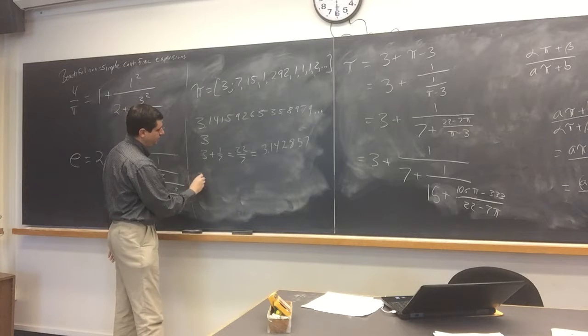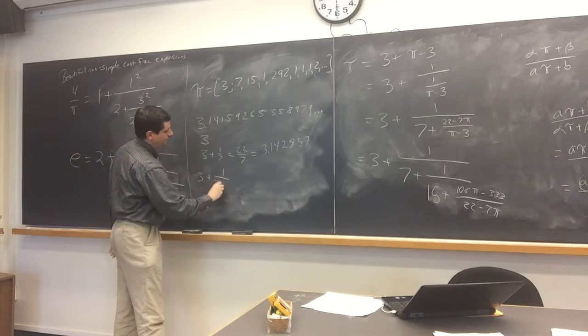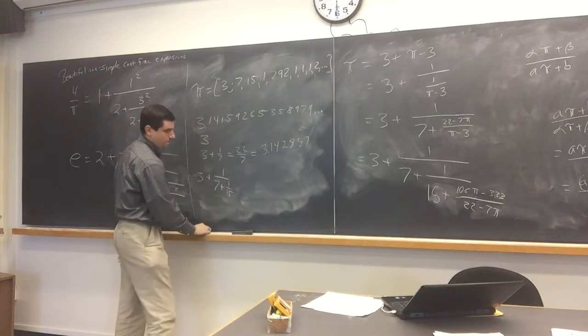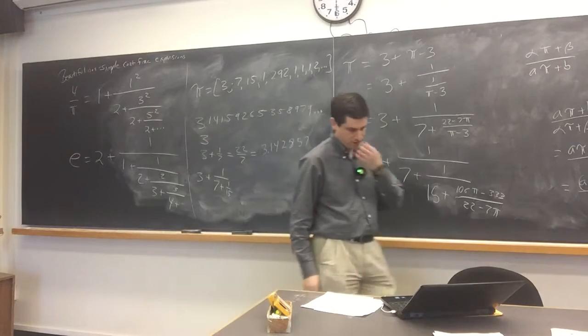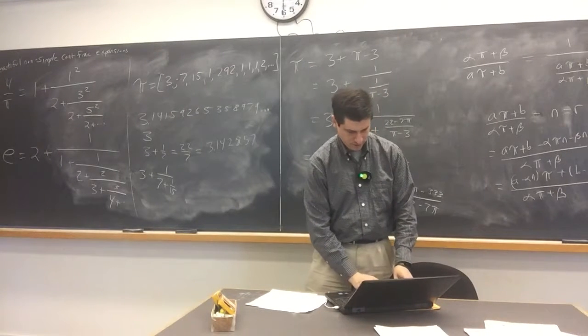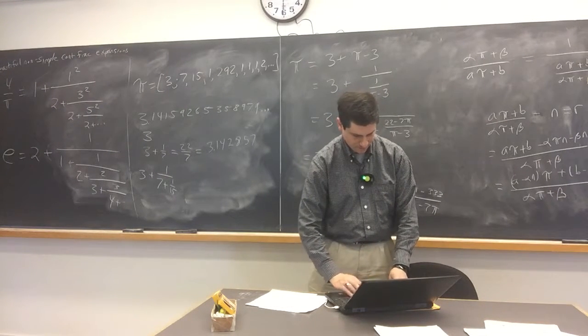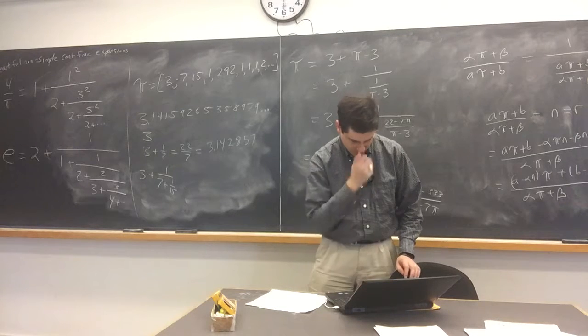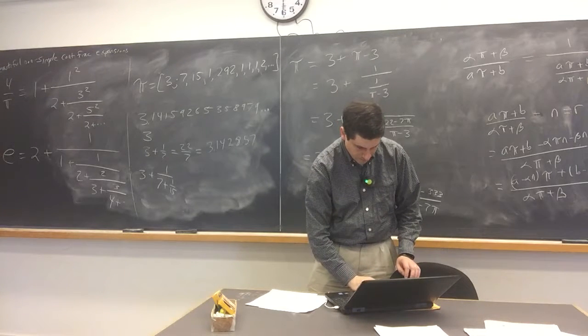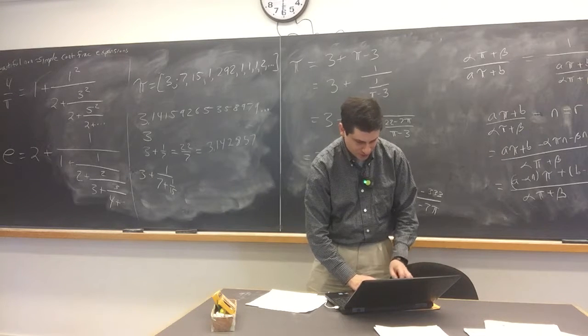Let's look at the next one. So it's now going to be 3 plus 1/7 plus 1/15. So there's a mathematical command that goes backwards, and I'm just trying to put that in to save some time. It's from continued fraction. Okay, I thought that's what it was.